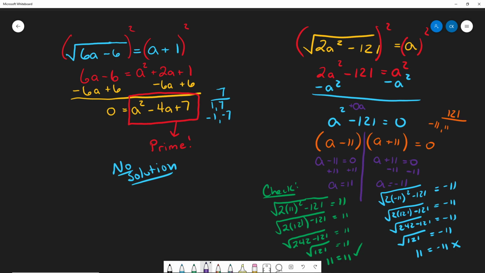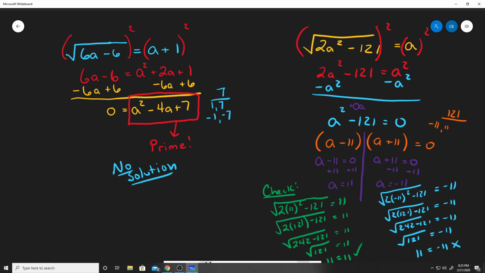Well, the only factors of negative 121 are negative 11 and 11, which do add up to be 0. So that works perfectly. We separate it into a minus 11, a plus 11. We solve those, we get negative 11 and 11.